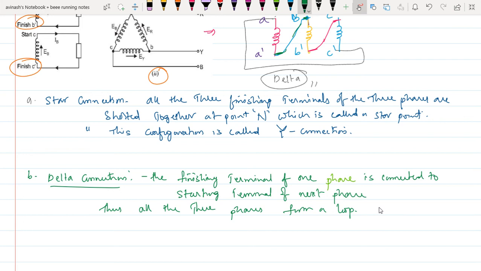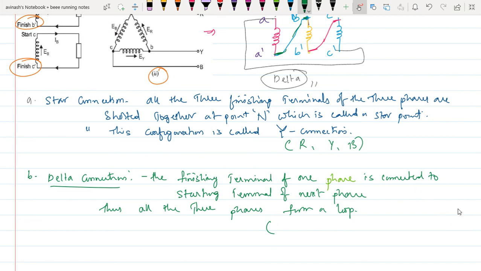So each junction terminal is shared by two phases, that is RY, YB and BR. But in the case of star, we have only independent terminals called R, Y and B. What about here?